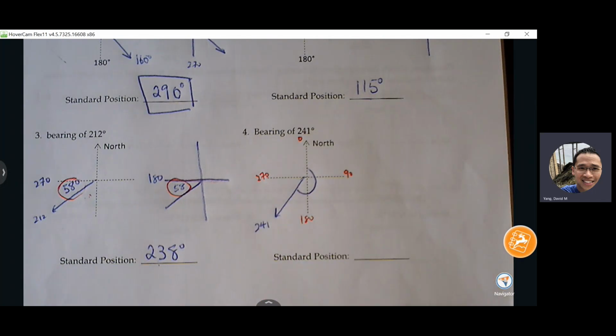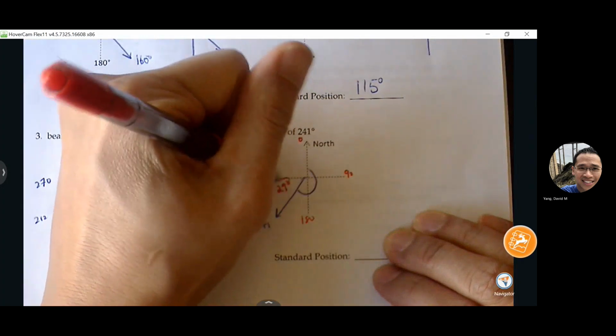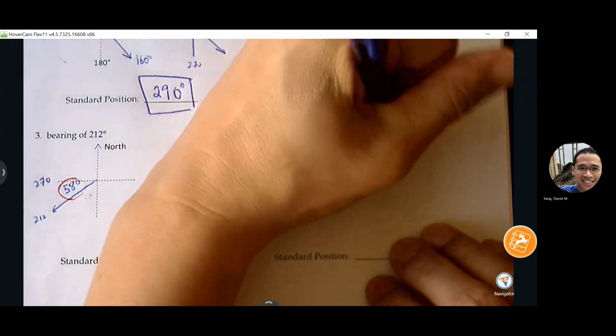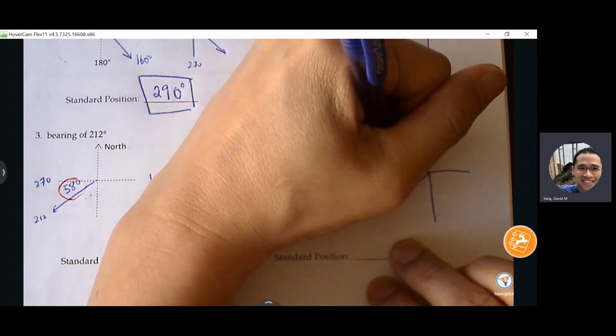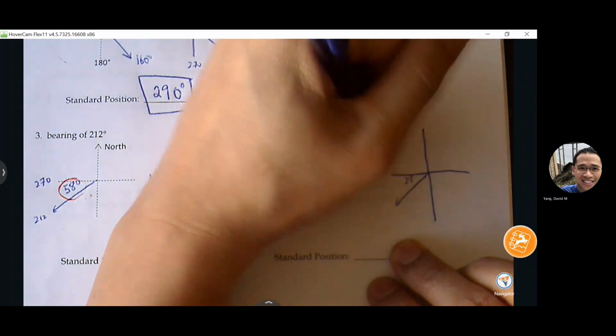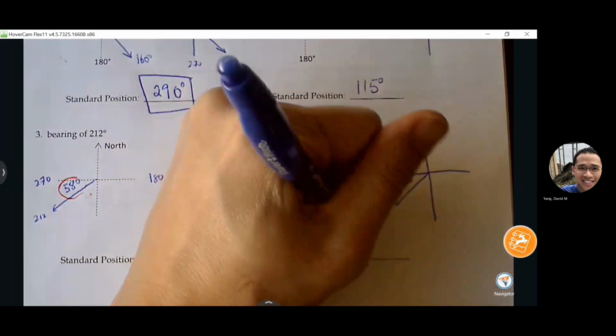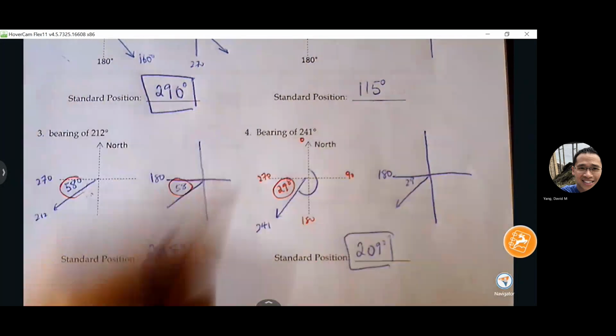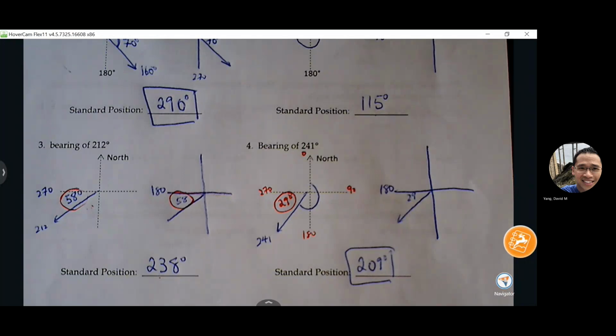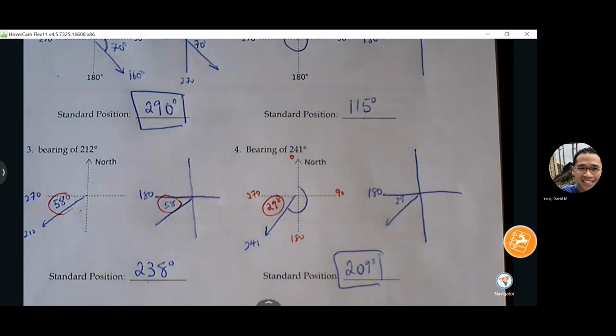So 270 minus 241. We know it's 29 degrees off of the x-axis. Does that make sense?